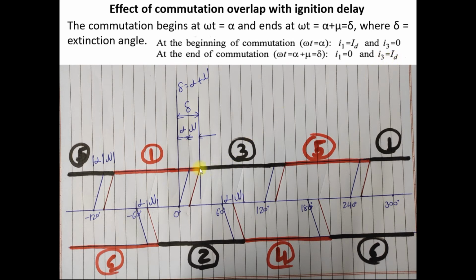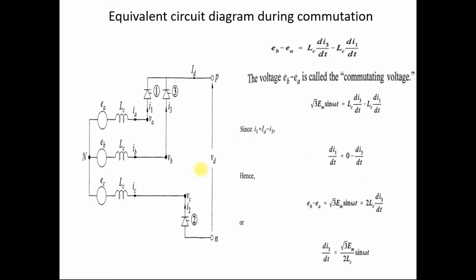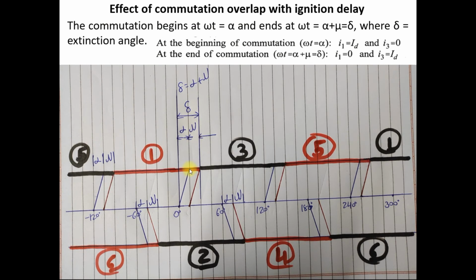So you can see that the current on the DC side of the converter is equal to the current flowing into valve number 3. Clear? Because of these commutations, here we draw the equivalent circuit during the commutation between valve 1 and 3. During this commutation period between 1 and 3, three valves are conducting: upper group valves 1 and 3, and from the lower group valve number 2.